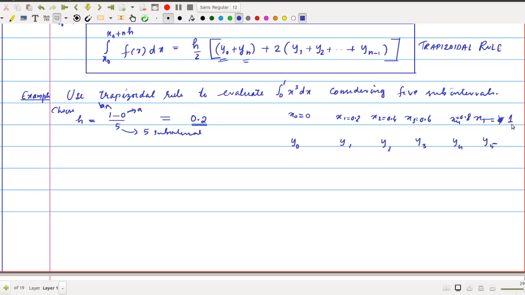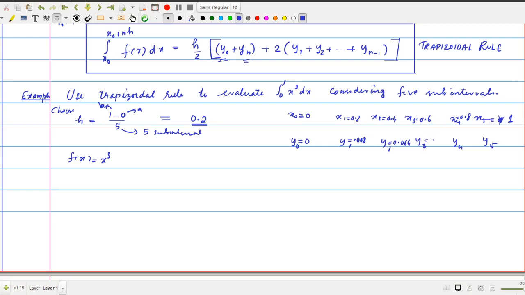Now we have to evaluate the corresponding y values, the function values. We are taking f of x equal to x cube, the function we need to integrate. When x0 is 0, y0 is 0 cube, that is 0. When x1 is 0.2, its cube, 0.2 whole cube, is 0.008.